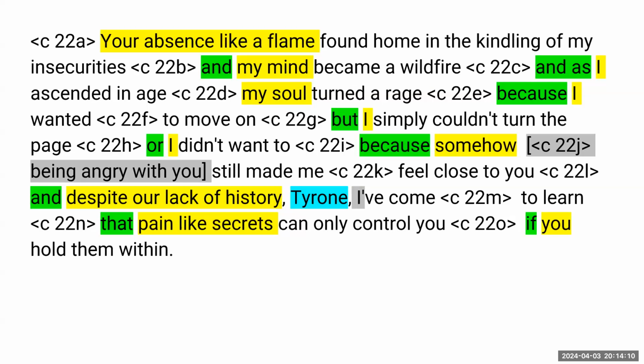Your absence like a flame: ideational, topical, and textual are obvious. Tyrone, interpersonal. Despite our lack of history, circumstance, the I is displaced. Because somehow, as like a circumstance, the ideational, so the being angry with you, the subject is a displaced theme.